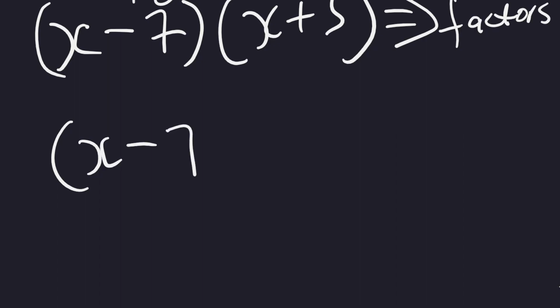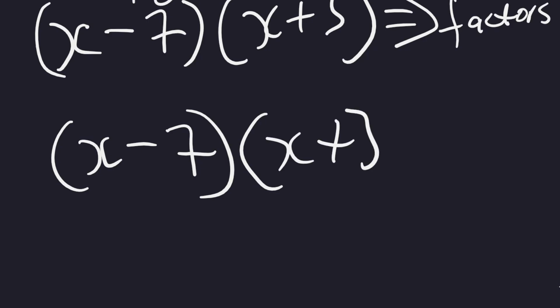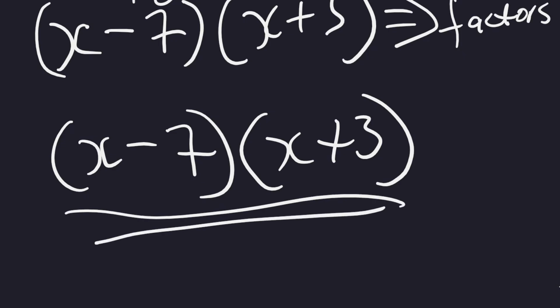S minus 7, close bracket, and S plus 3. These are the factors, right?